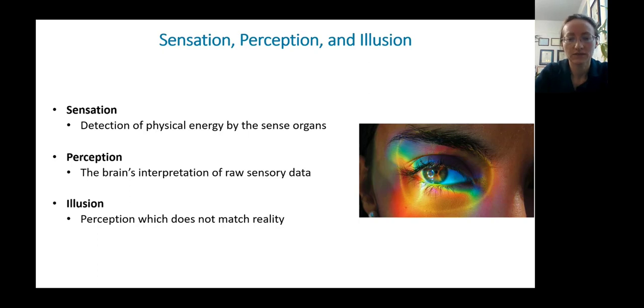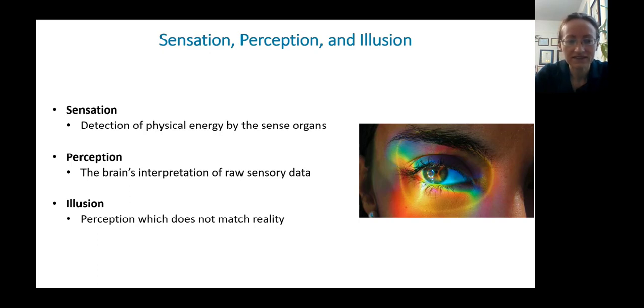Perception is about your brain's interpretation of raw sensory data. And that's pretty magical because it involves combining information from a lot of different sense modalities and building it into some kind of a picture that also draws on your general knowledge and your past experience. So there's a lot about perception that is construction.